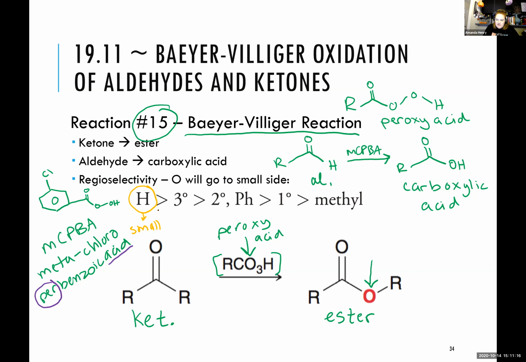Now, if you look at the rest of these rankings, tertiary is next in line, a tertiary carbon. What I just said doesn't make sense. Tertiary carbons are not small. And in fact, the rest of the list is in opposite size order. So the reason why we have the rest of the list going from tertiary to secondary to primary to methyl is if we have to move a carbon, what we're moving is a carbon that is in a pseudo carbocation form.